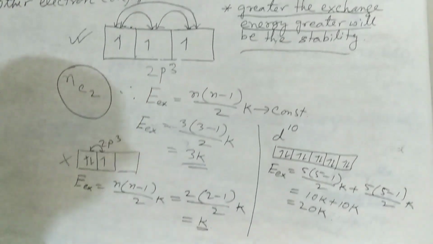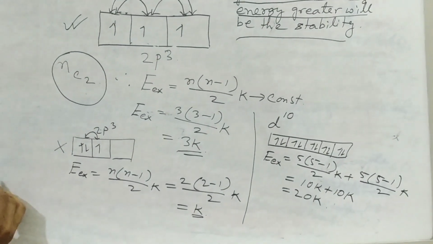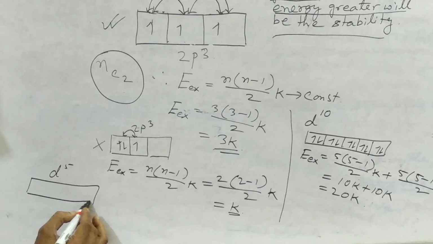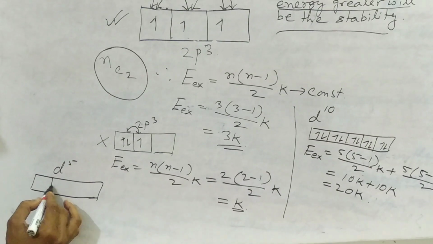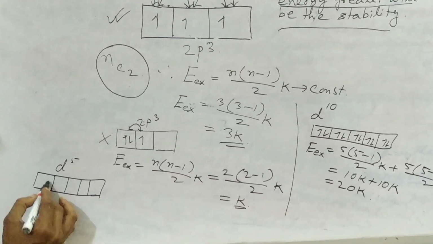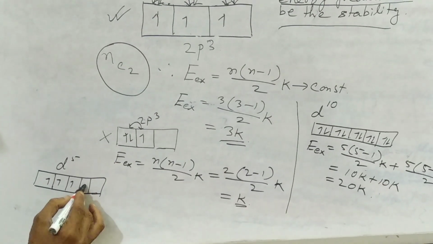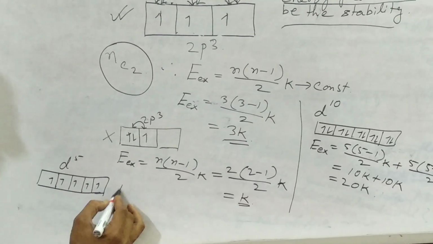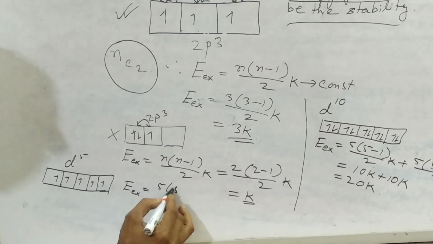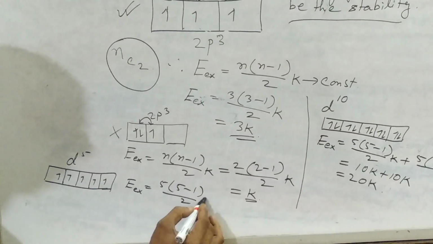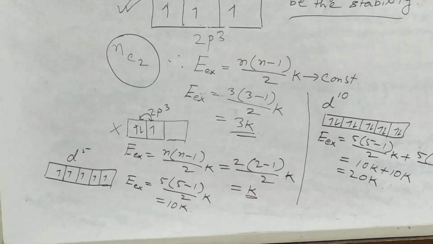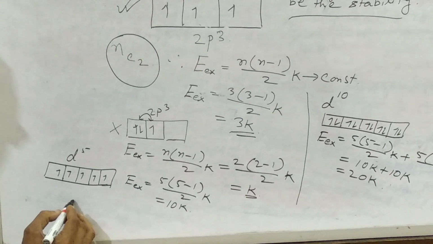On the other hand, in the half-filled d orbital, you see here d5 configuration, 1, 2, 3, 4 and 5. The exchange energy is given by 5 into 5 minus 1 by 2 k, that is equal to 10k. On the other hand, you see d4 configuration.